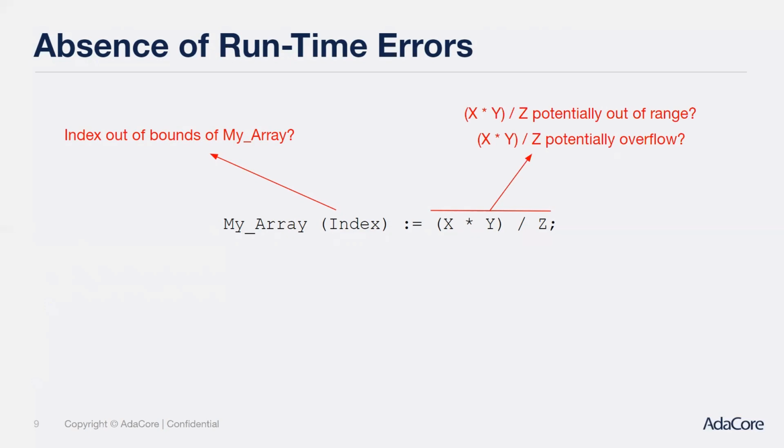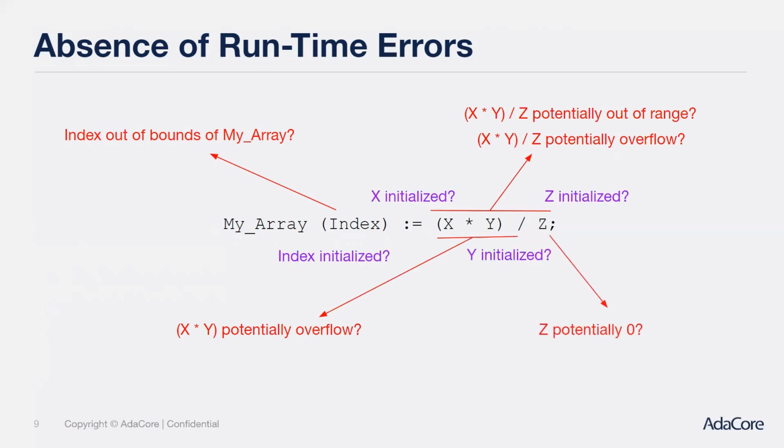That means, to have a value go from positive to all of a sudden negative. So another overflow, I could have a division by 0. And of course, all of these things could be uninitialized.